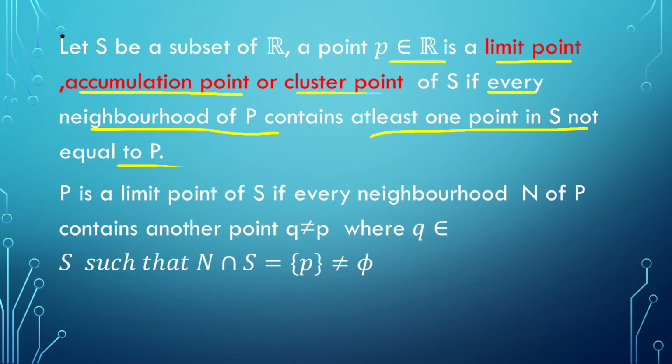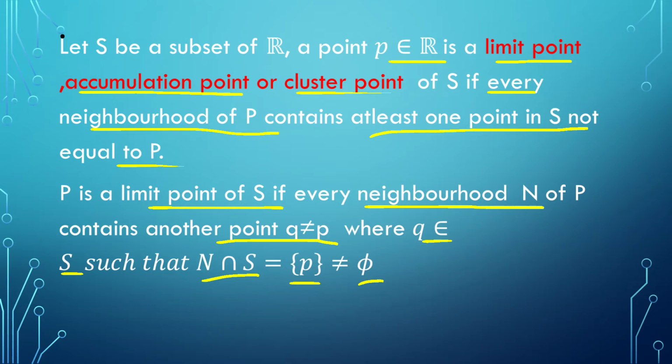So we say that P is a cluster point, accumulation point, or limit point if the neighborhood of that P contains at least one point in S which is not equal to P. So P is a limit point of S if every neighborhood N of P contains another point Q, which is not equal to P. Remember, this Q is also a member of S, such that if you take the intersection, you'll find that it's not empty.